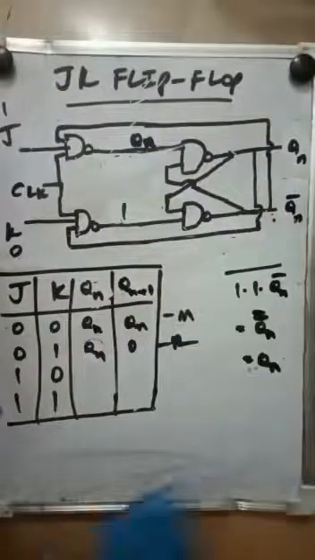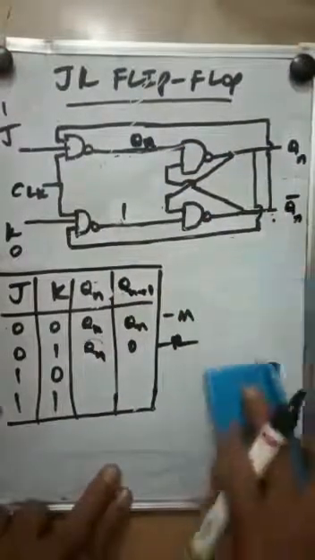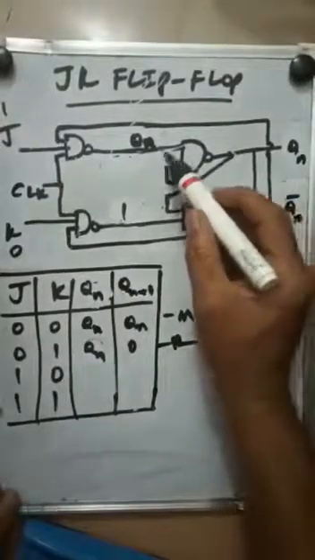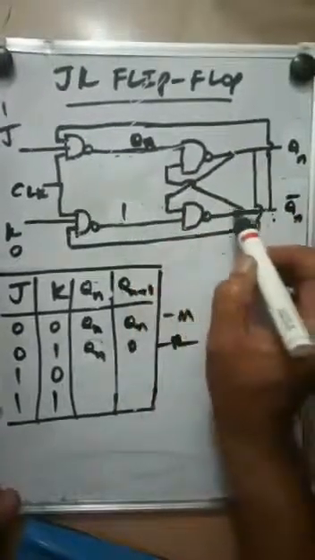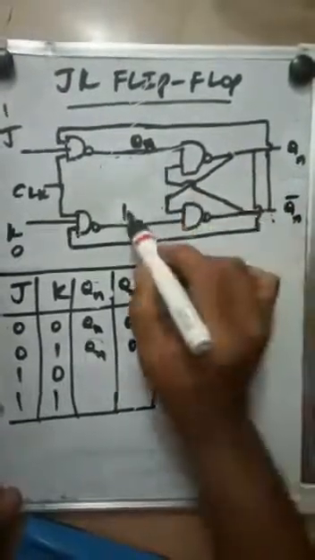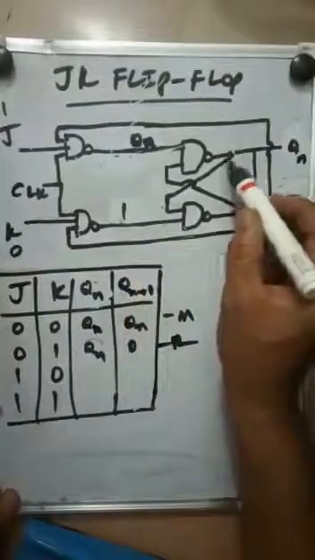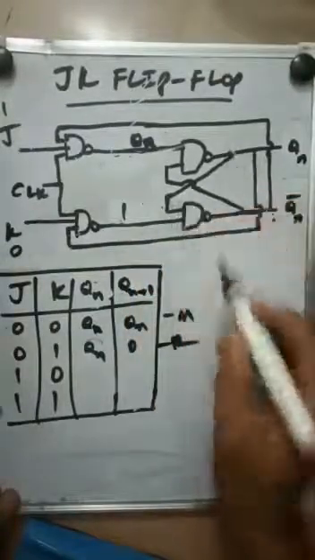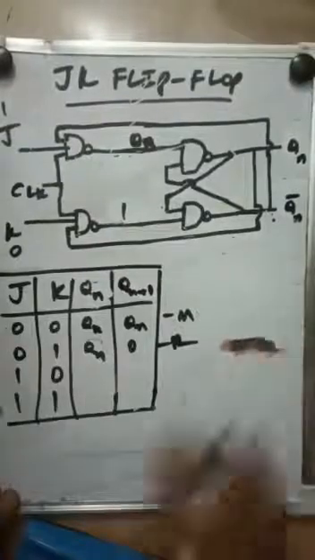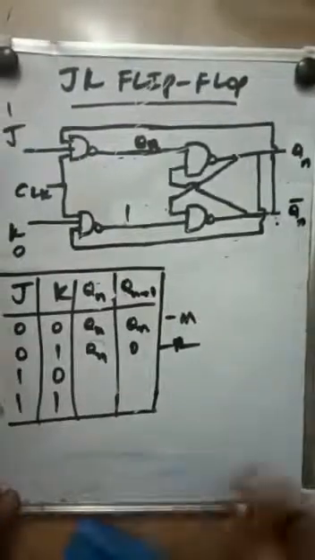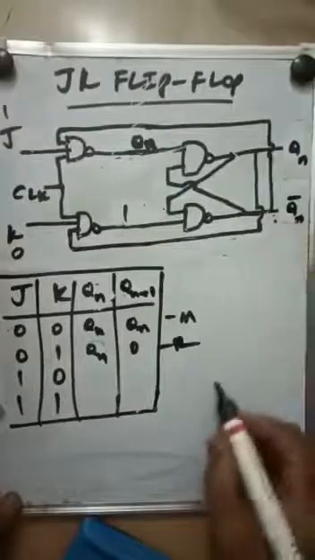Then coming to this, let us check for this. Then here this equals this qn bar. So this is 1, and what is this? Qn is here. Then first let us calculate the complementary function of qn plus 1.